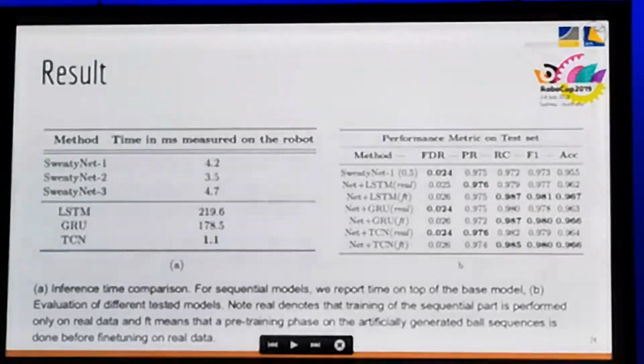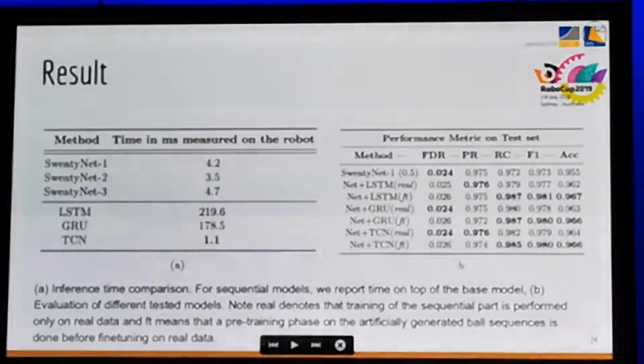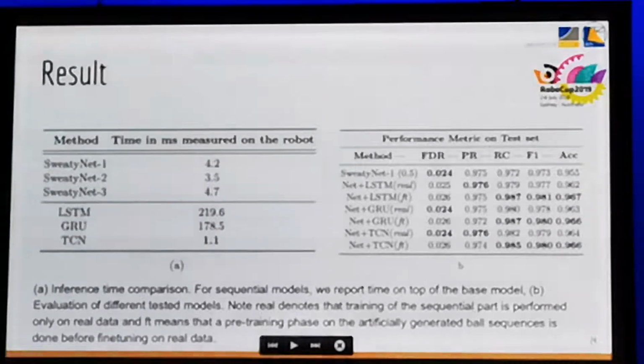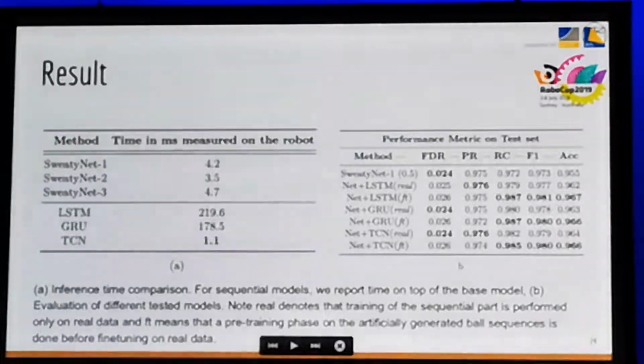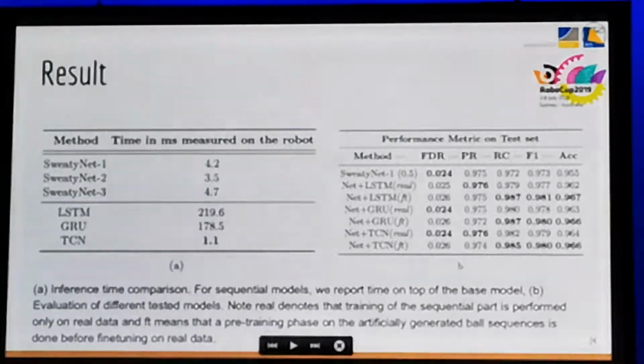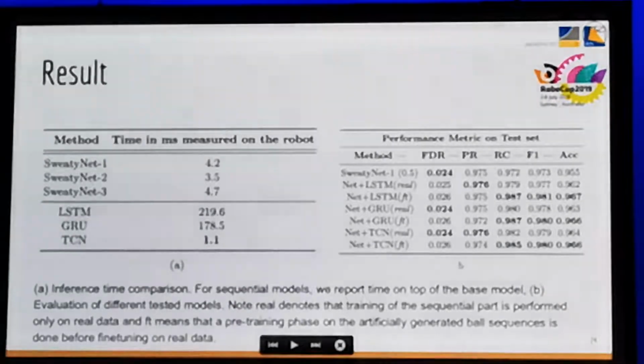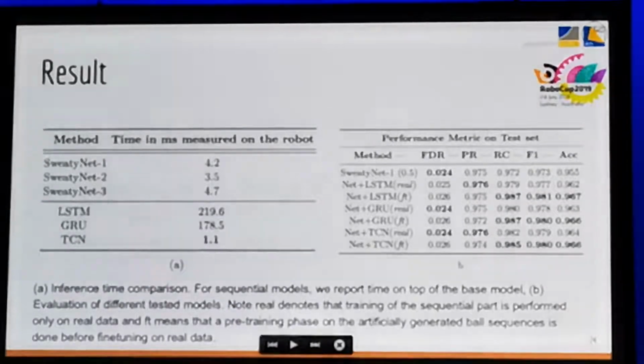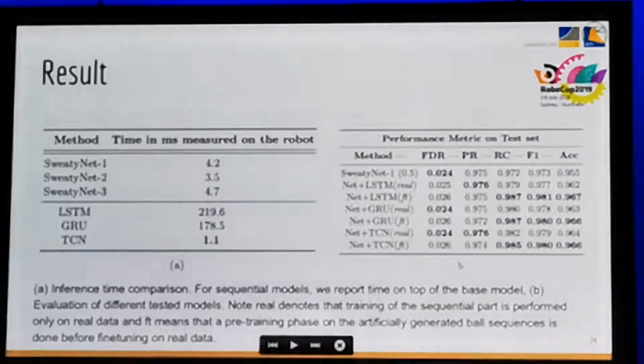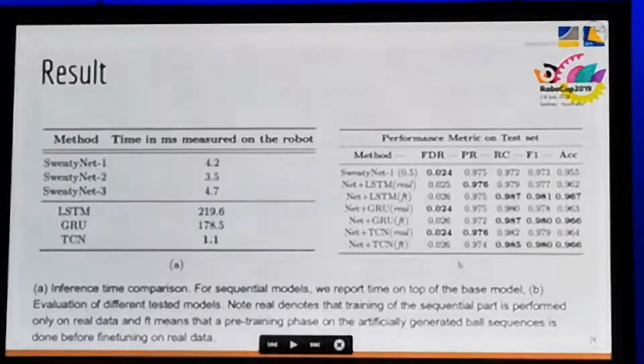On the left, you can see the report of inference on the robot. SweatyNet takes around 4 or 5 milliseconds for inference, and LSTM and GRU are not that well suited for our application, but TCN would definitely be a suitable choice.